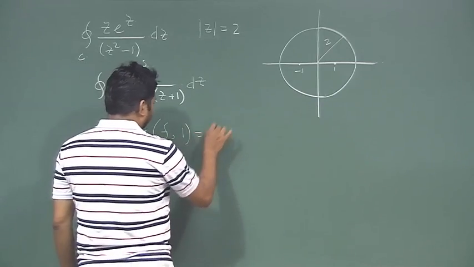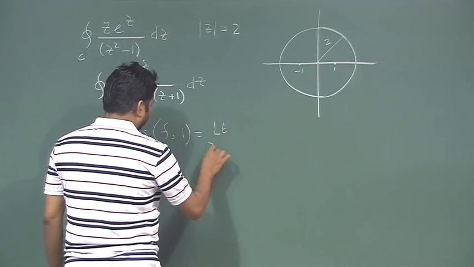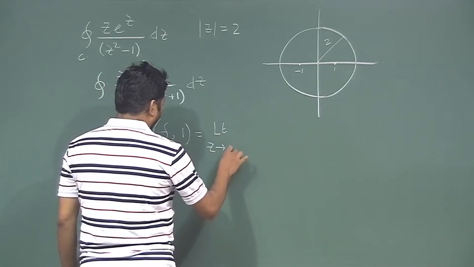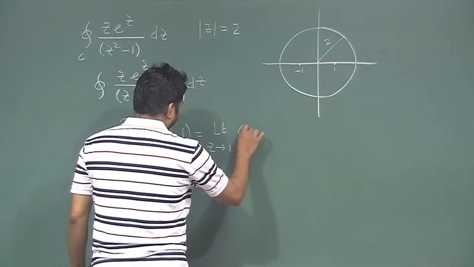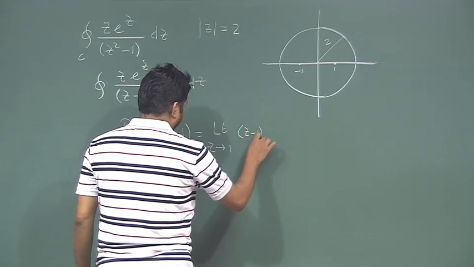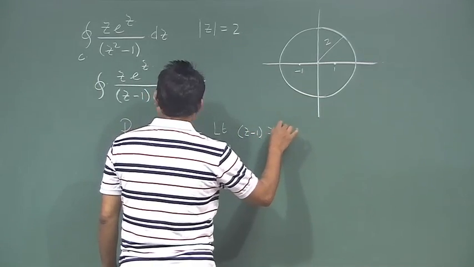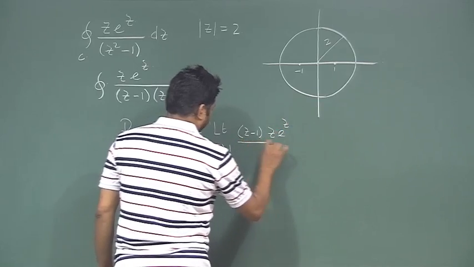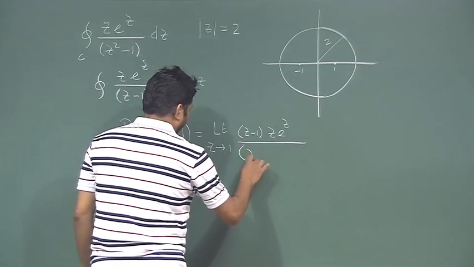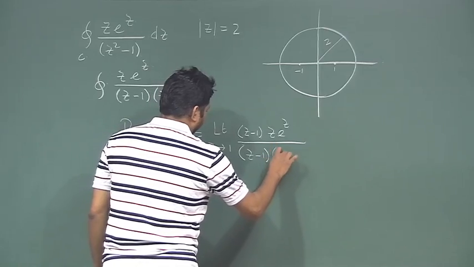It is nothing but the limit z tends to 1 of z minus 1 times z e to the power of z divided by z minus 1, z plus 1.